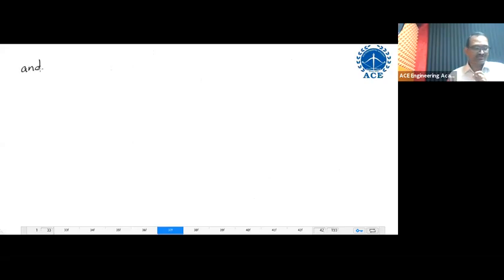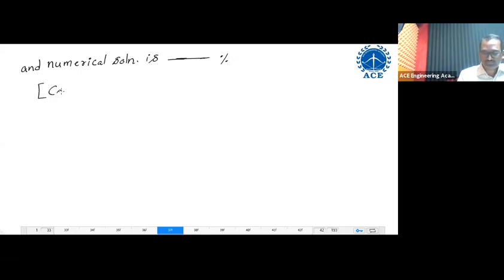Analytical means exact solution, numerical solution means approximate solution. We need to write the answer in terms of percentage.